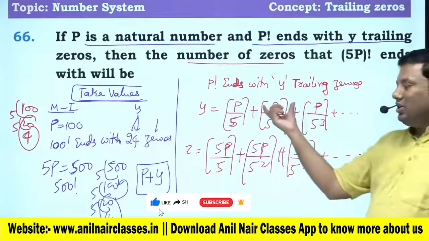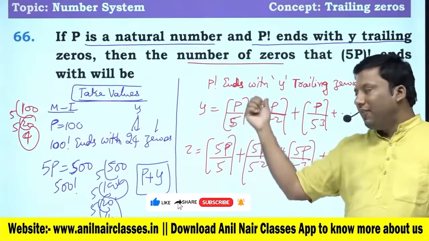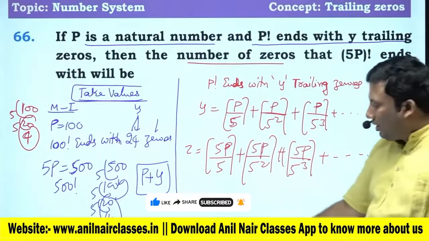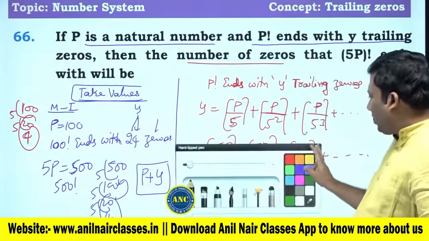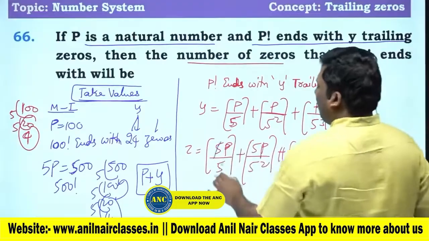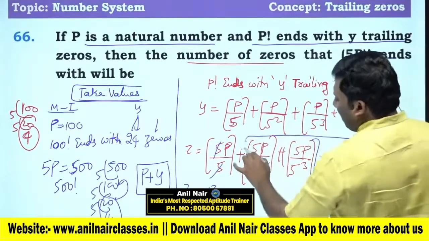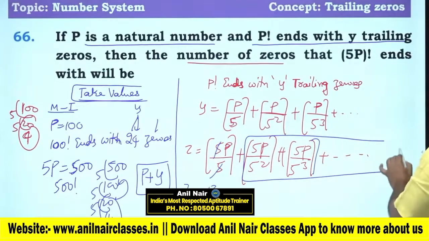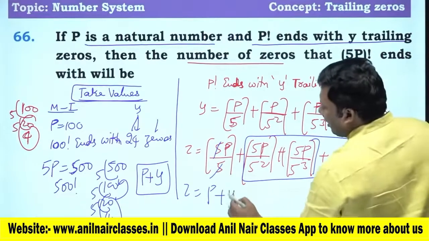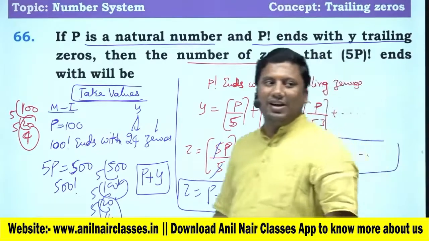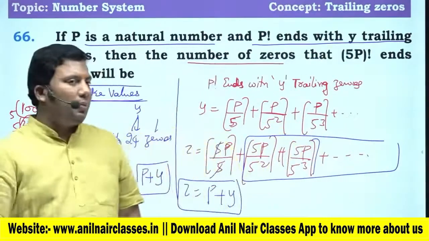The number of trailing zeros for P is P by 5, P by 5 square, P by 5 cube. For 5P, if you observe, listen carefully, 5P by 5 is P, 5P by 5 square is P by 5, then P by 5 square and so on. So the answer is Z equals P plus Y. Very, very easy question.